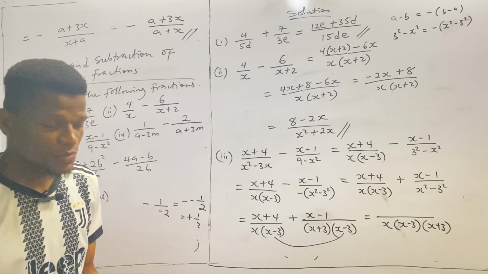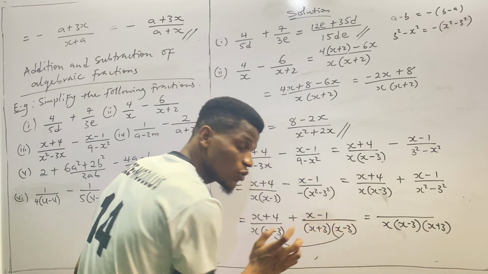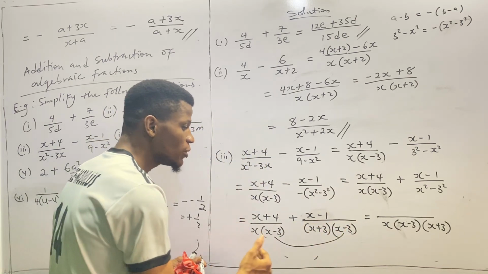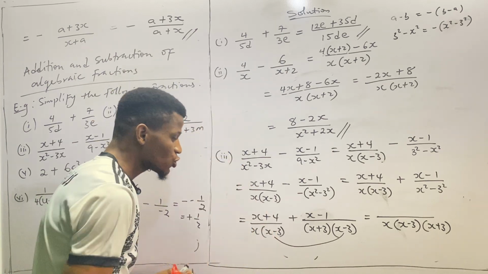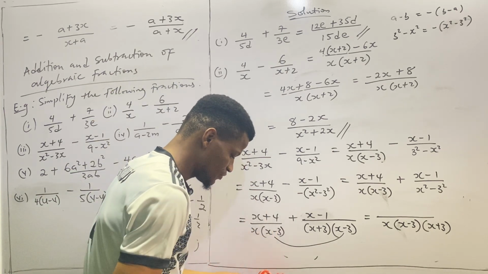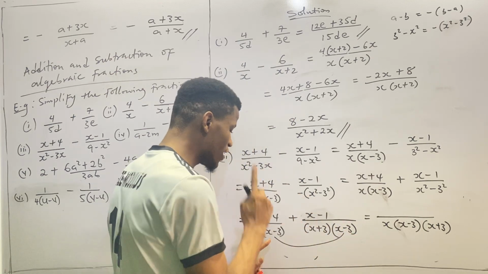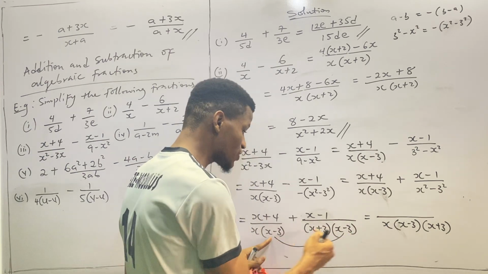Now, if you don't understand, let me explain again. We want to find the LCM of 1, 2, 3, 4. Anyone that has any common term can always be represented by one of the term. So we have a common term here, x minus 3. So one x minus 3 can represent both because they are LCM of each other.